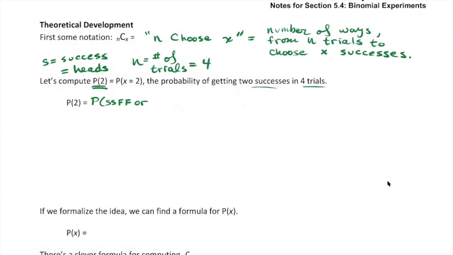So 2 successes, 2 fails, you could do success, fail, or success, fail, fail, success. Or how about this? Fail, success, fail, success. Or fail, fail, success, success. Or anybody want to list the one I missed?